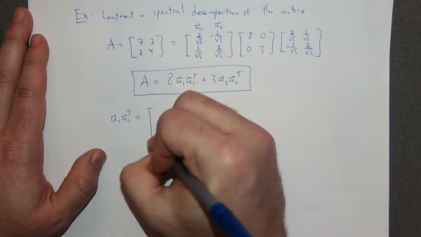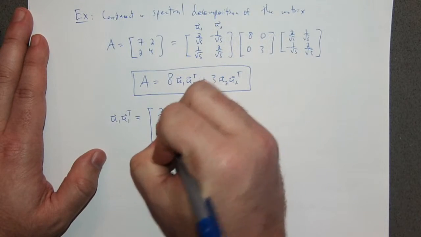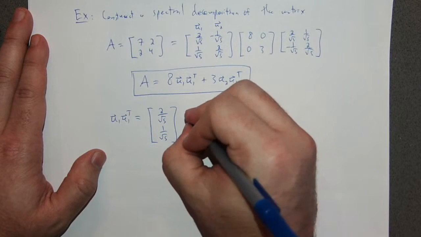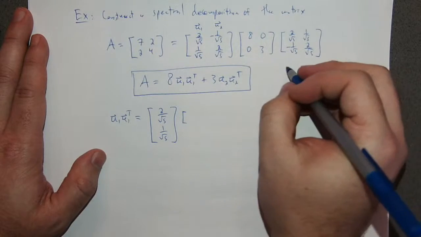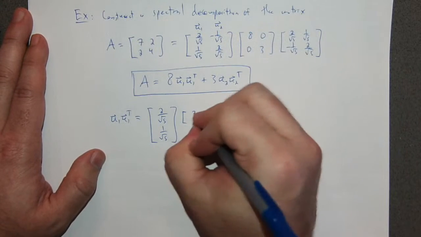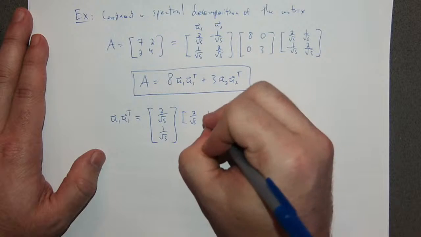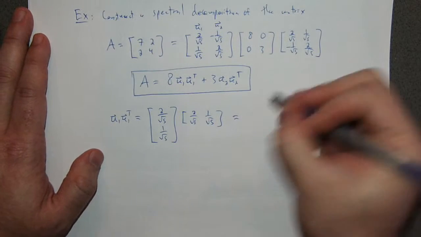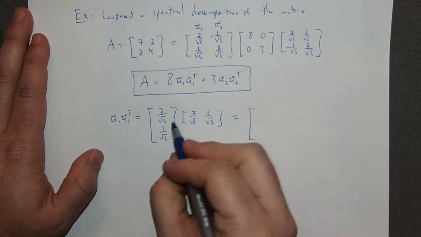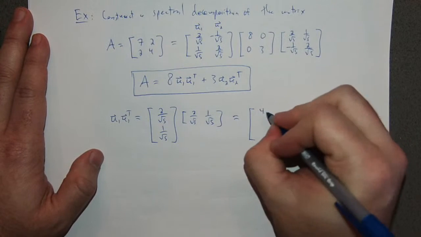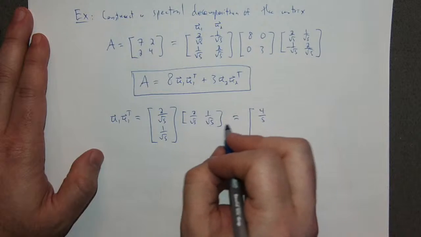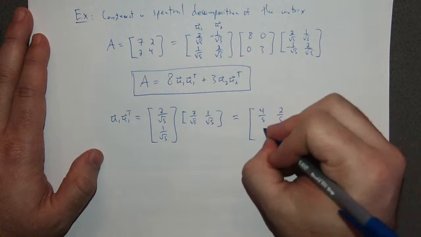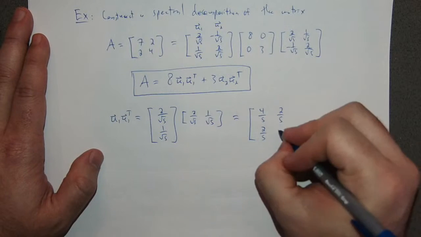U1 is the column vector 2 over root 5, 1 over root 5, and U1 transpose is the row vector 2 over root 5, 1 over root 5. If I actually compute this, I get 4/5, 2/5, 2/5, and 1/5.